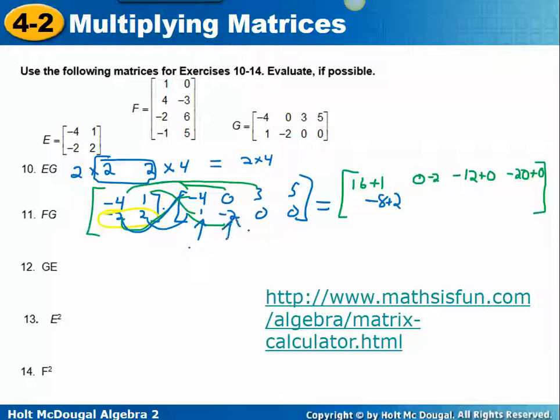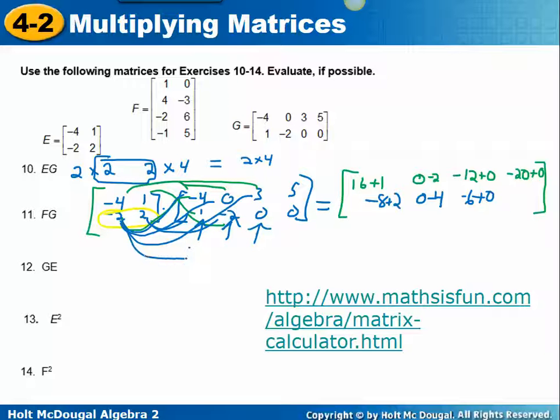Now I move over to the second column, and I'll go -2 times 0, plus 2 times -2. That's -4. And then I move to the third column, which would be -2 times 3, plus 2 times 0. Another 0.